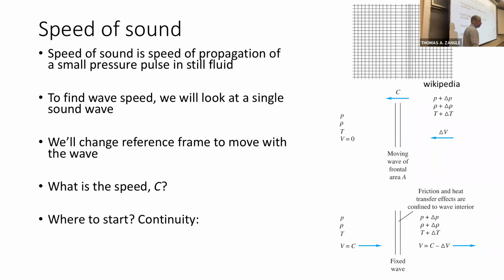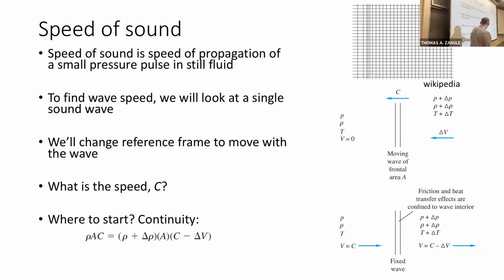It's always a good idea to start with continuity. So that's where we're going to start. So rho times A times the velocity, which in this case is just C, on one side, is equal to rho plus delta rho times A times C minus delta V. Assuming we have some known conditions upstream, we have some conditions downstream that are different by a certain amount.